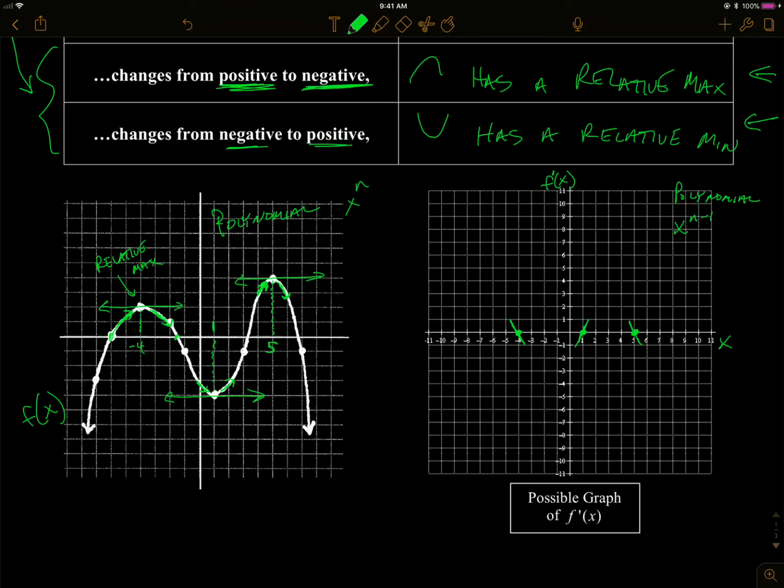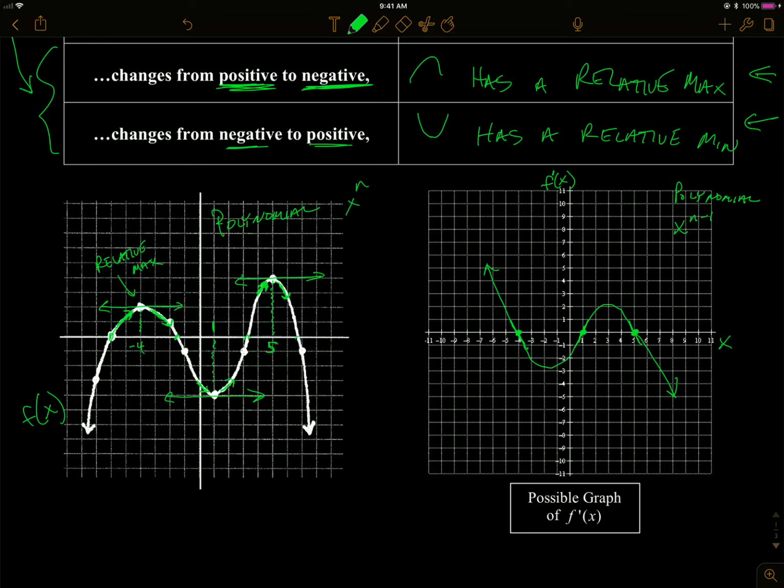This had 4 x-intercepts. Mine will have 3 typically. Doesn't have to. So anyway, if I know it's a polynomial, I'm just going to sketch it in now. Here I have a turn where it comes back up and around, and then it comes back down. So that is a possible sketch of my derivative.